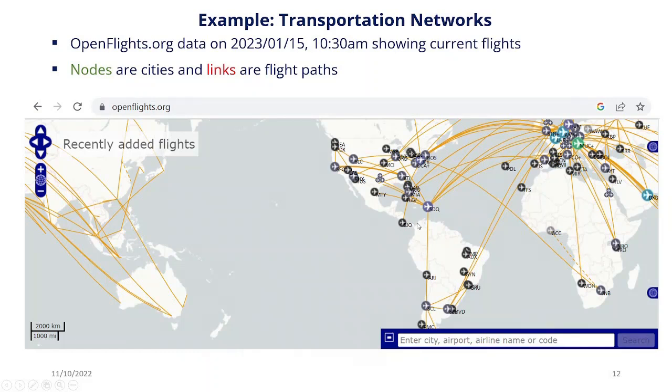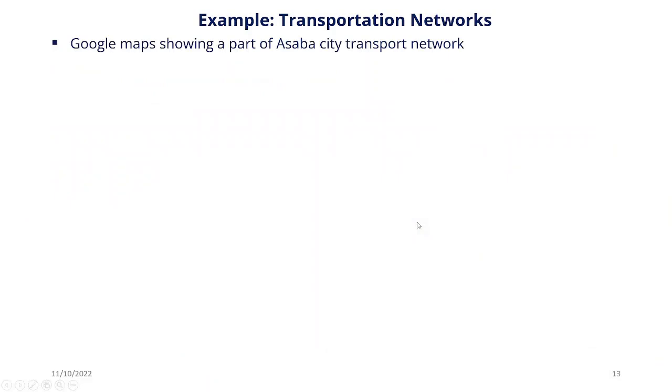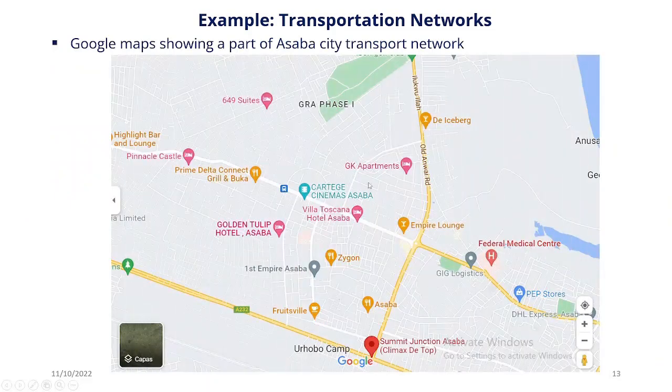So this is an example of transportation networks. And that's not all. In the city where I live, where I'm making this video from, what you see here is a part of the Google map representing the city transportation network. All of these are examples of transportation networks.